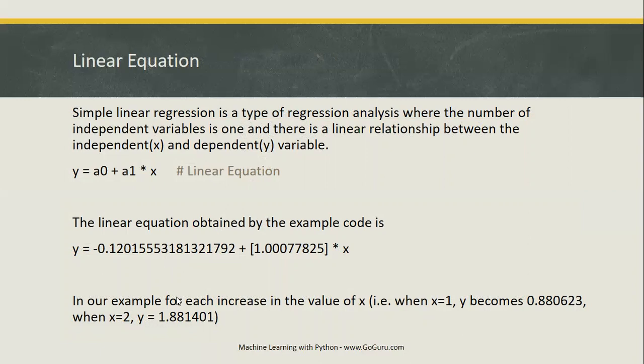What this equation tells us is, for a unit value of x, imagine when you substitute x with 1, it is basically negative this and a positive this value, which is 0.88. Now when x becomes 2, your y value is 1.88. So what this is telling us is, for each value of x, how much is our y value impacted? That is all it's saying here.